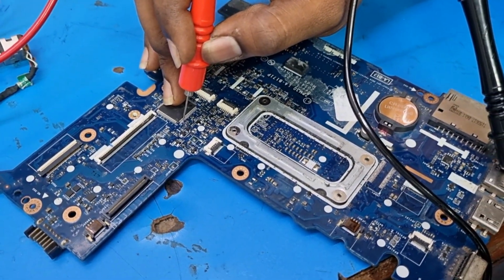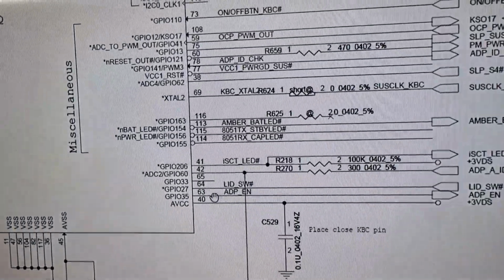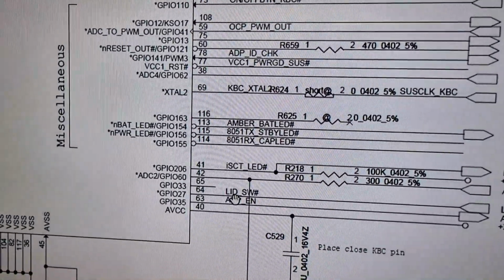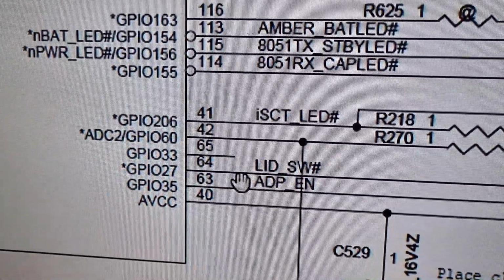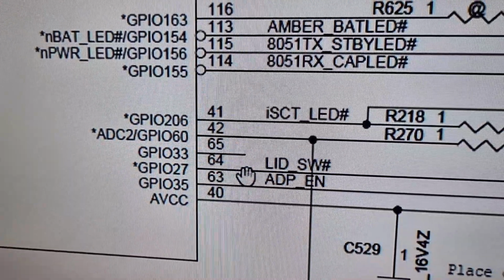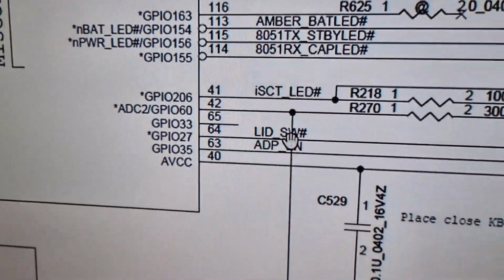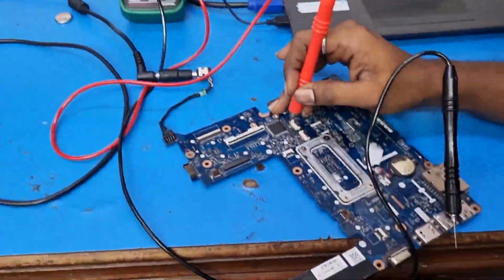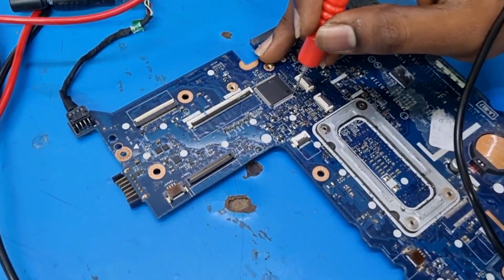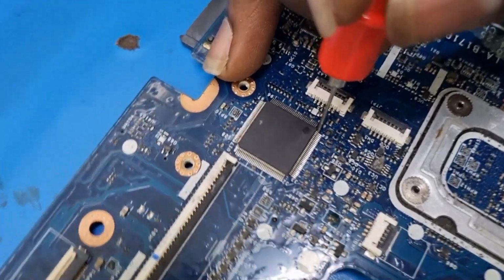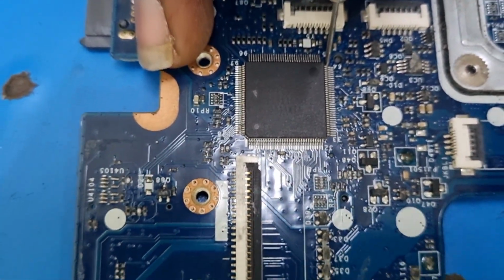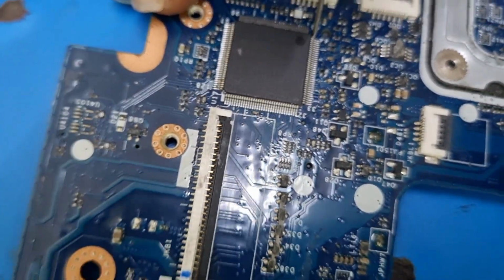The next signals we have to check are EC reset and lid switch. We are going to check the lid switch here. The pin number is 64, LIDSW is written here. Pin number 1 is on the left hand side, and I connected the multimeter to pin number 64.